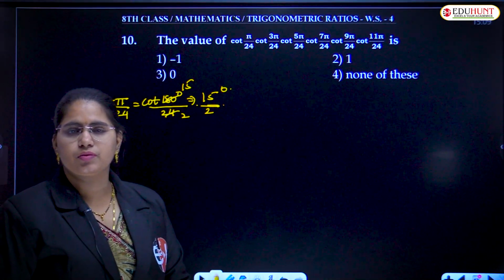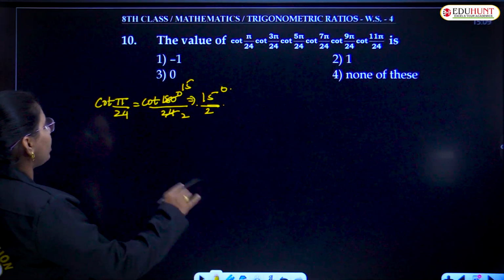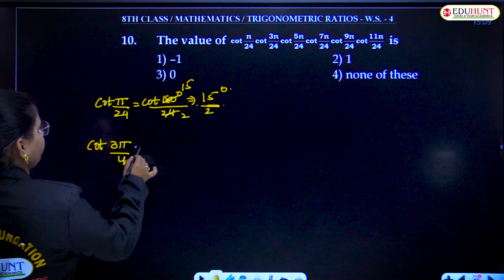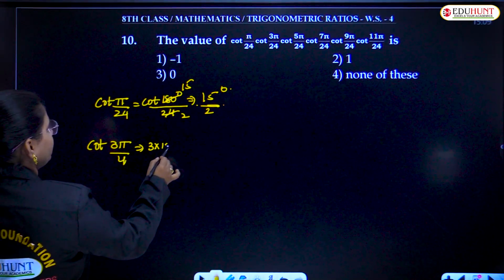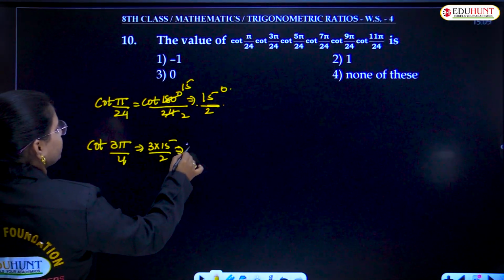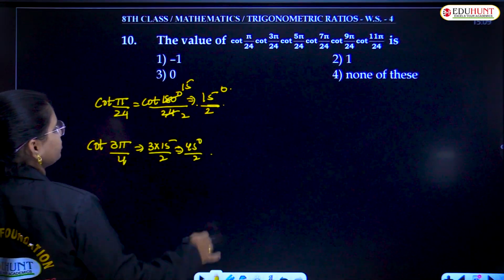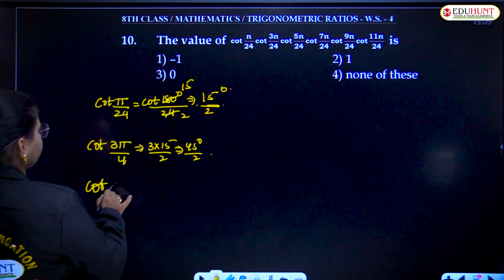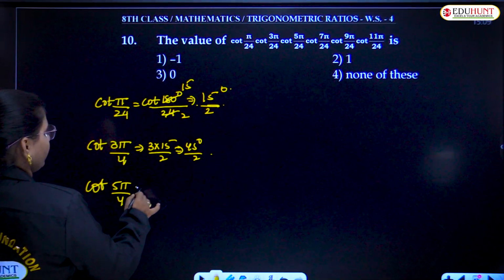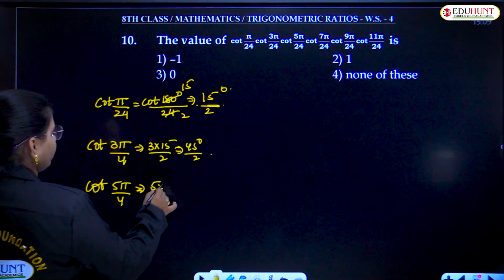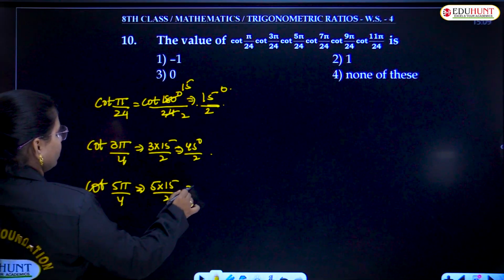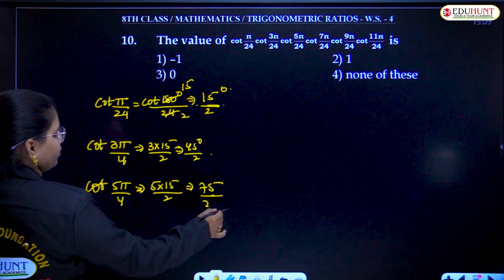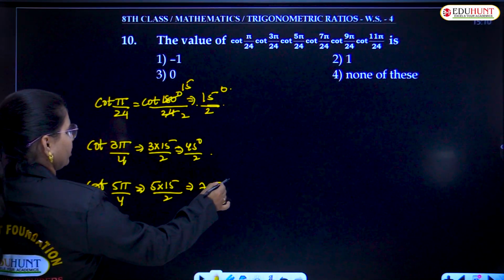Am I clear? Yes. So let's also convert cot 3 pi by 24. 3 pi by 24 is nothing but 3 into 15 by 2, which is 45 by 2 degrees. Next, cot 5 pi by 24, which is 5 into 15 by 2, which is 75 by 2 degrees.